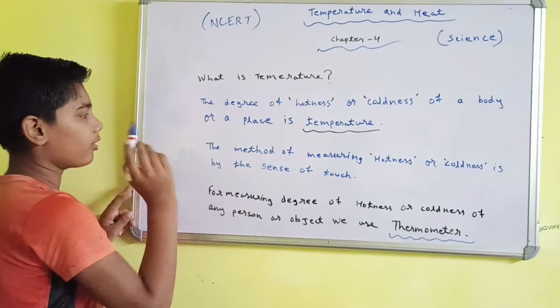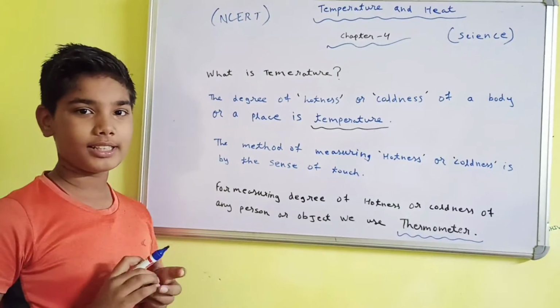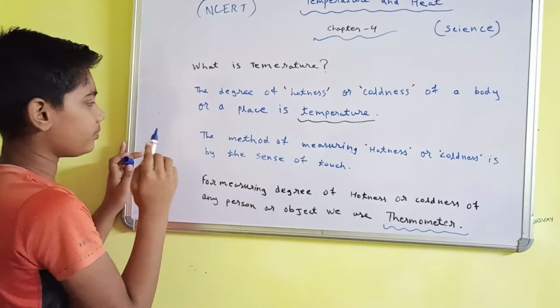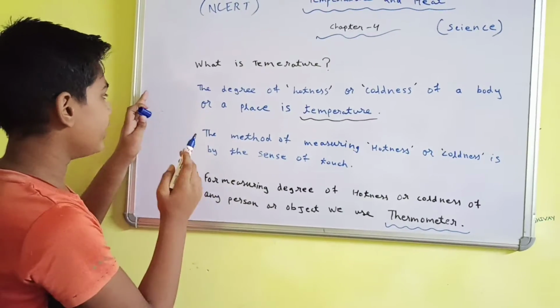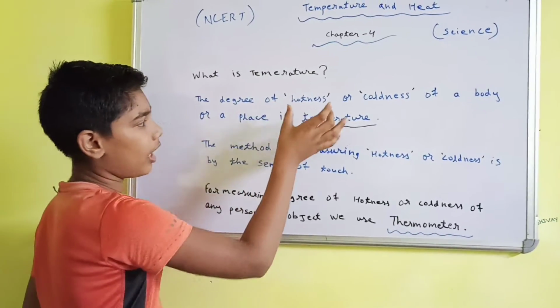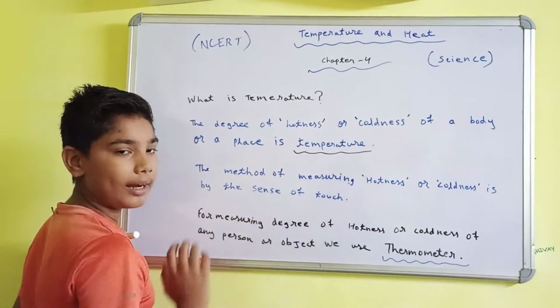Like suppose the temperature of Shimla is -3 degrees Celsius, so it is coldness. And if there is -32 degrees Celsius in Rajasthan, so it is hotness. So it shows how cold or how hot it is in that place.